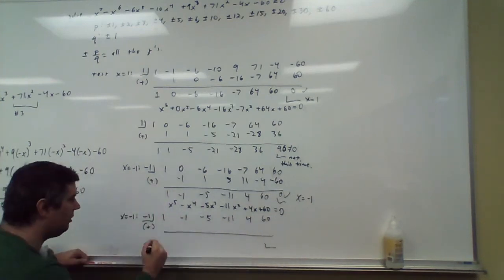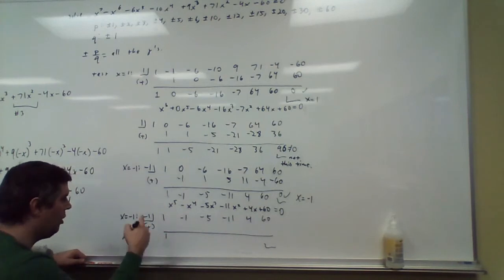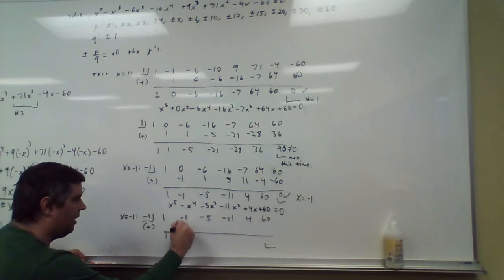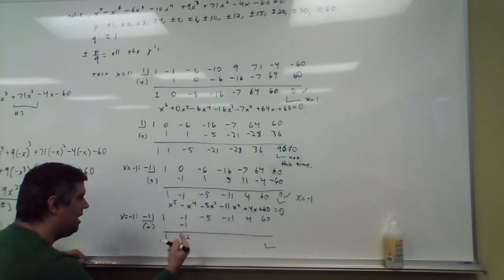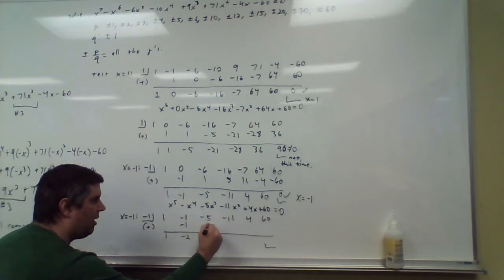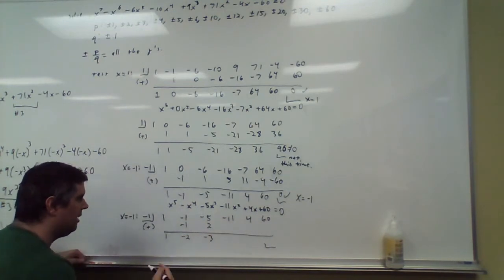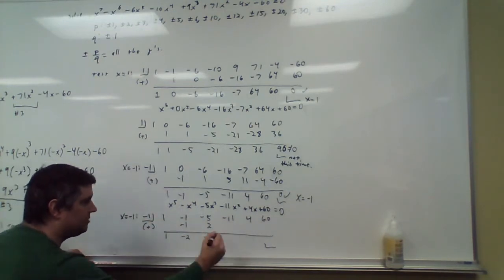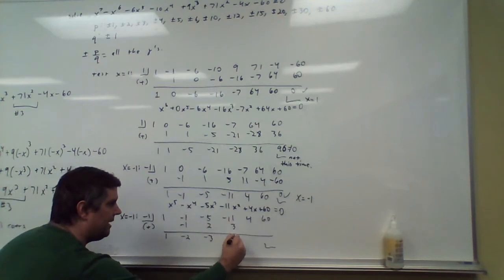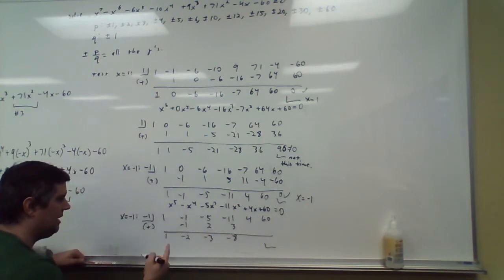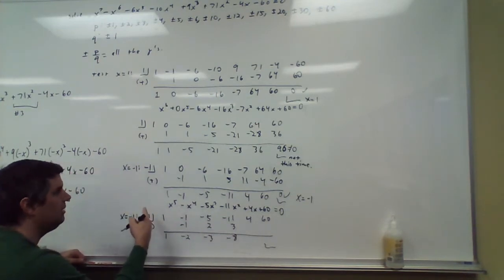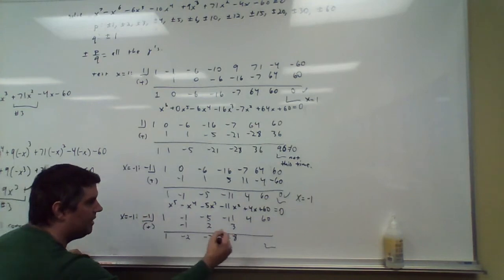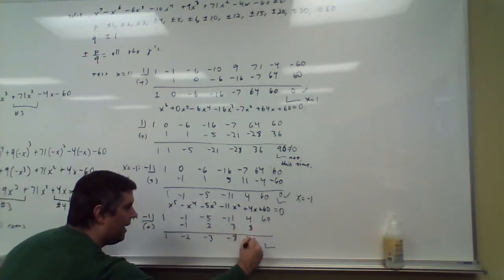Okay? Bring down this 1. 1 times negative 1 is negative 1. That's negative 2 when you add them. Negative 1 times negative 2 is positive 2. That's negative 3. Negative 1 times negative 3 is positive 3. That's got to be negative 8. Negative 8 times negative 1 is positive 8. That's 12.